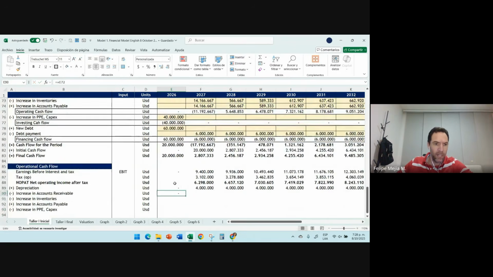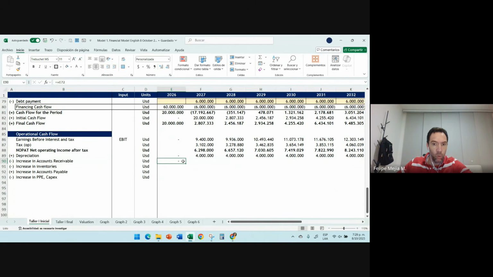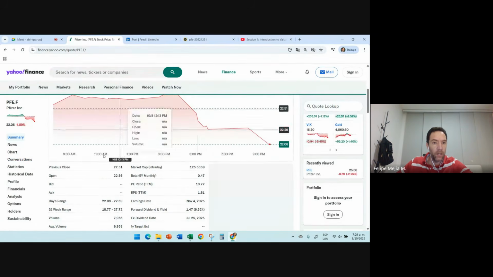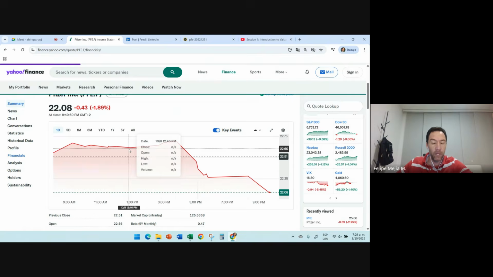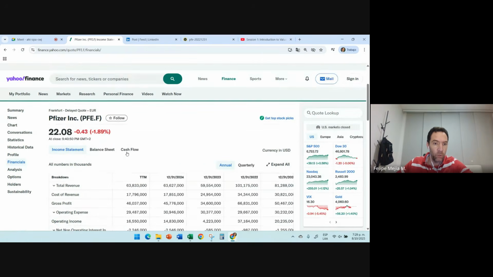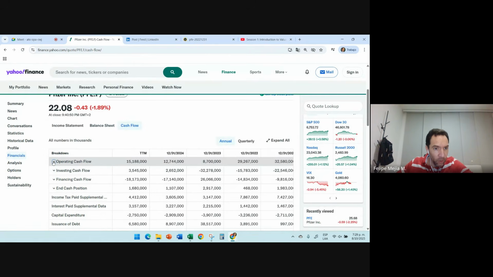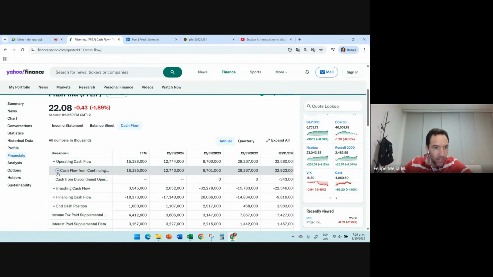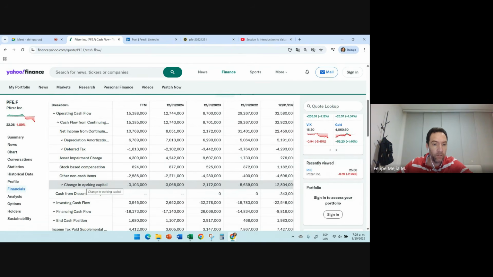Most people combine these movements into one, same as when you look here at Yahoo Finance, and then you go to financials. You might have noticed before that this cash flow that we have here as operating cash flow, and then we open here, has the change in working capital classification.